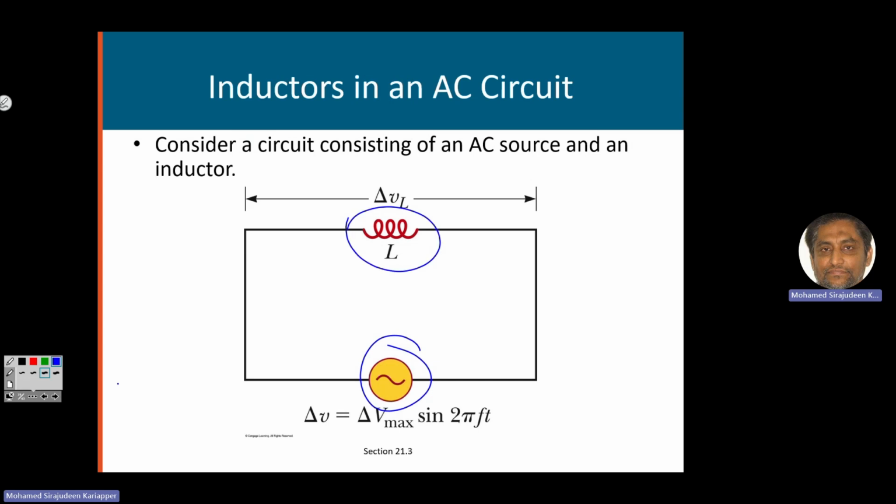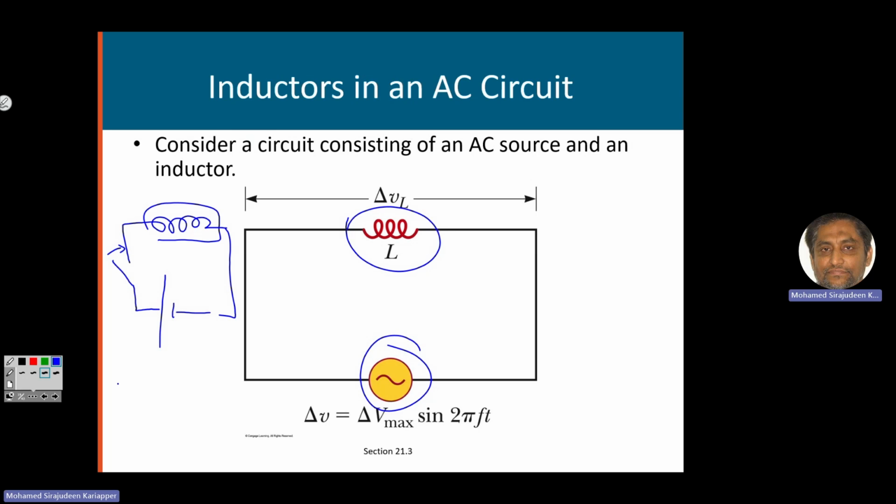And what happens now? Let me go back to the DC case. Suppose you have a battery like this and a switch. Do you know what happens now? When you close the switch, what happens? Faraday's law. There's supposed to be a current, but there'll be a magnetic field, that's a flux change.